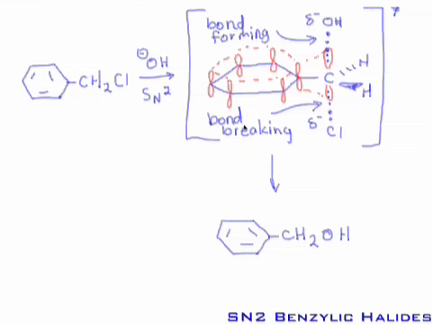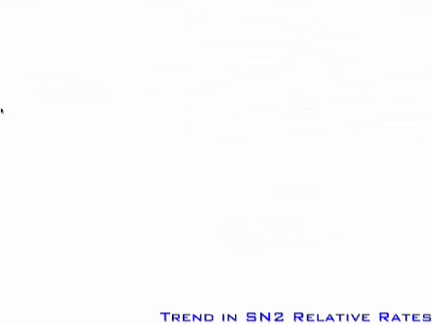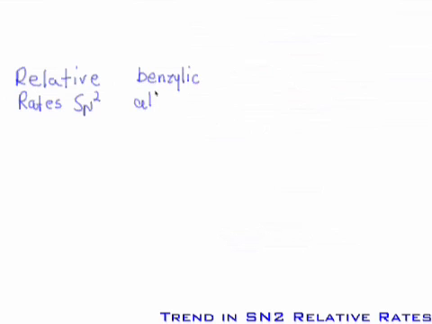However, because both transition states are more stabilized, if we take a look at the relative rates for the SN2, just as we did in the SN1, we find that the benzylic and the allylic react faster than the fastest alkyl halide for the SN2, which is methyl, which is faster than primary, which is faster than secondary, which is much faster than tertiary.